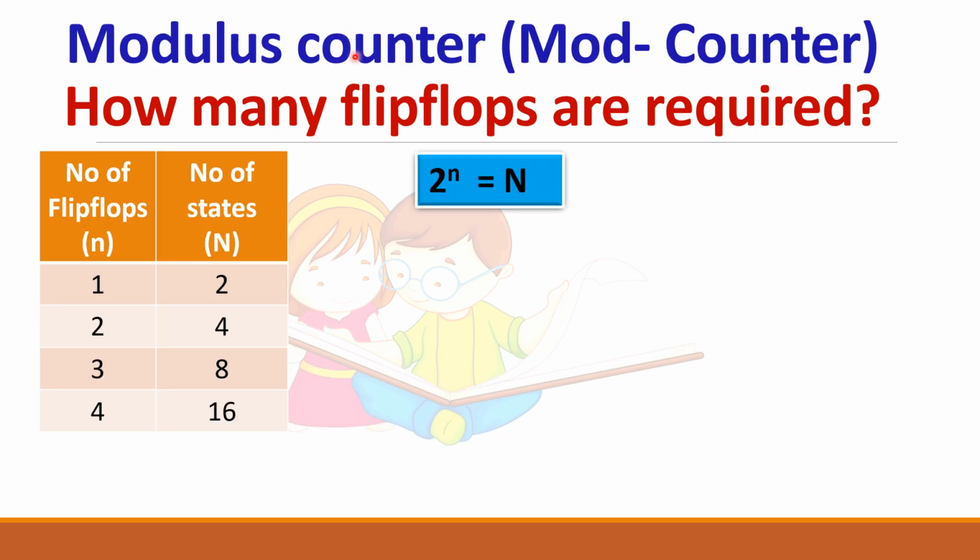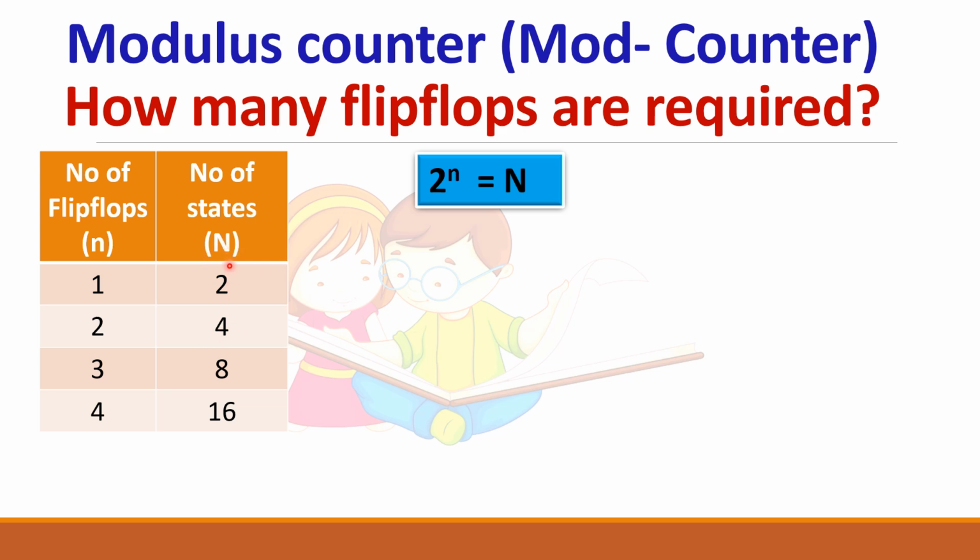Next, we will see about the modulus counter, or mod counter. Normally some number will be written here and it is called a mod counter. So how many flip-flops are required in a mod counter? We have seen that the formula to find the number of flip-flops is 2^n = N, where capital N is the number of states.